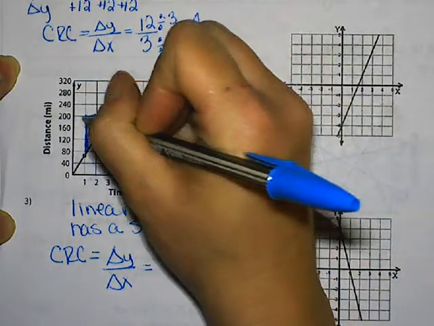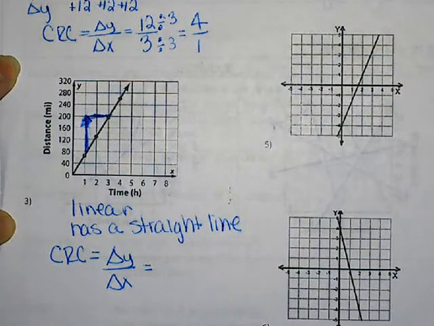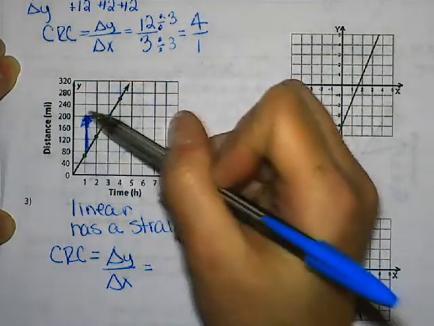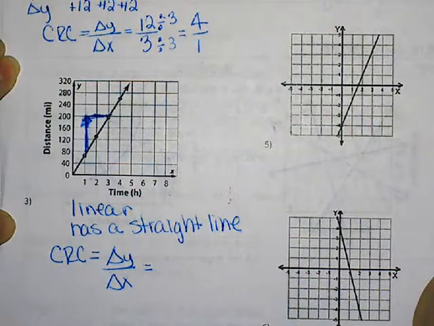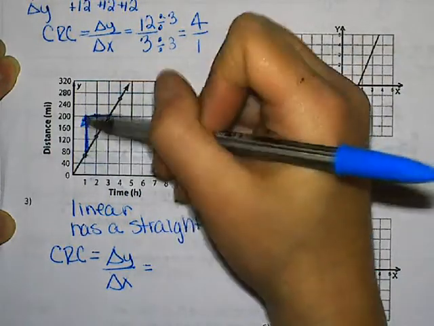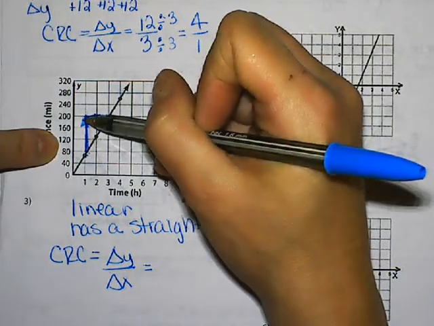The change in y is how many times you had to go up. When you create your triangle, you want to pick 2 points on your line, and you're going to connect them by making a right triangle. So we had to go up, and I'm going to count. You don't count the boxes.